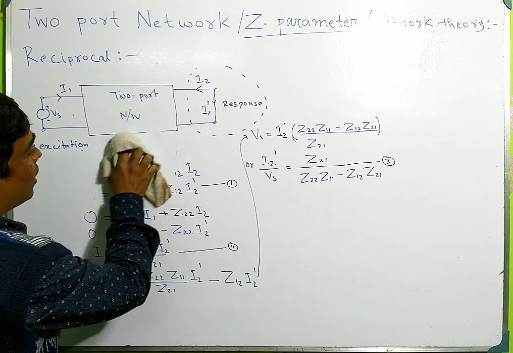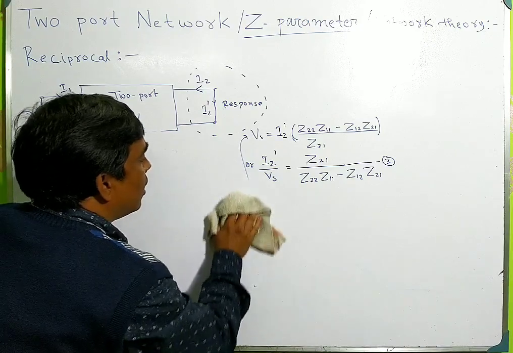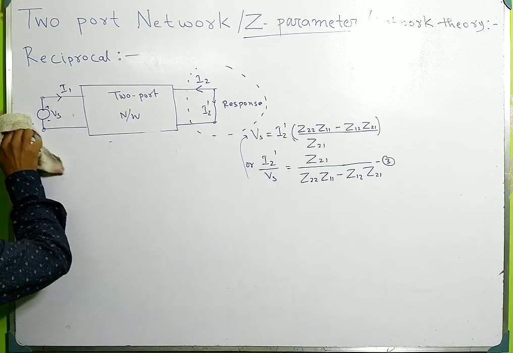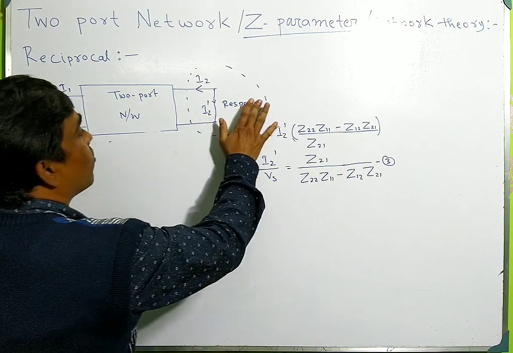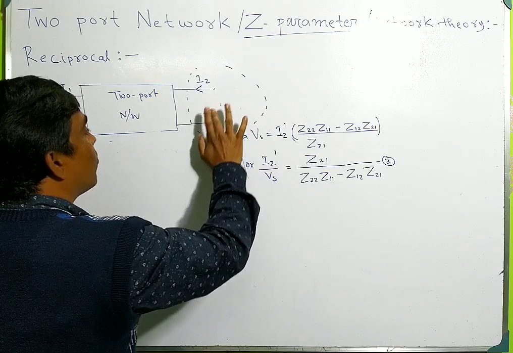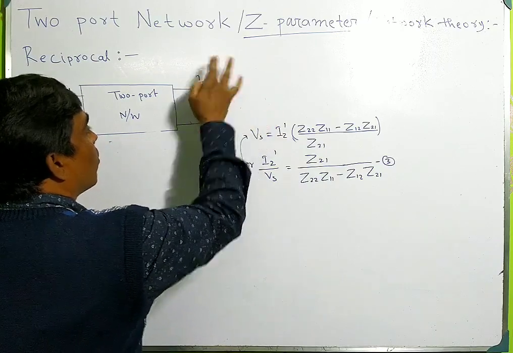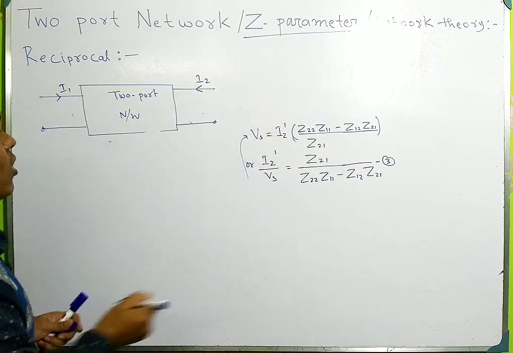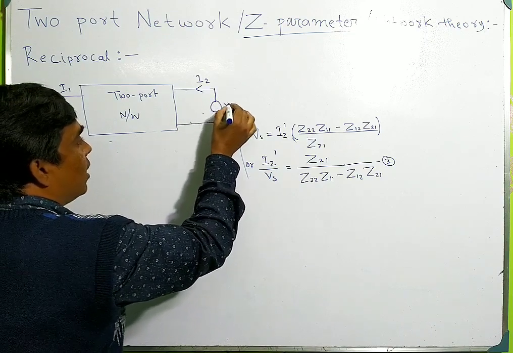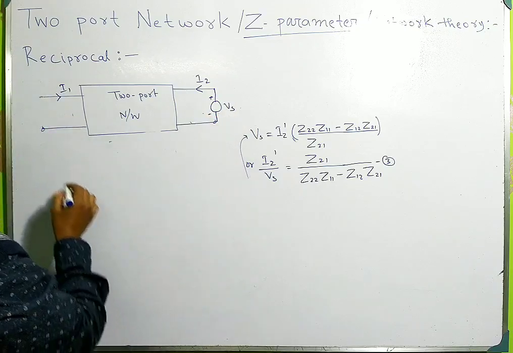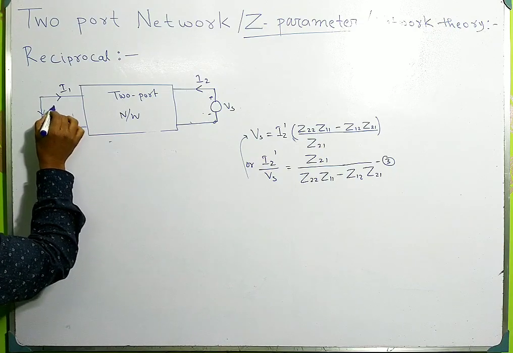So here I will interchange the position of excitation and response. Here we will apply the excitation, that is Vs, and we will get the response here, I1 dash.